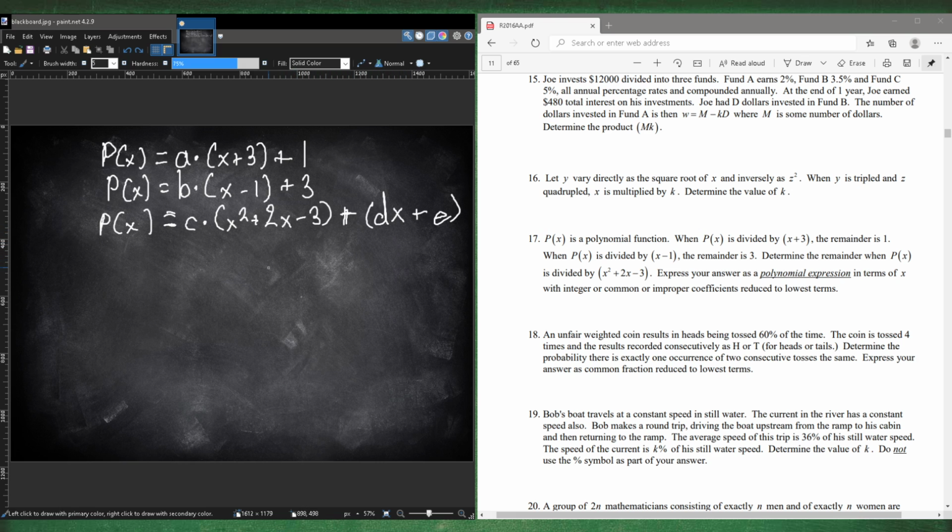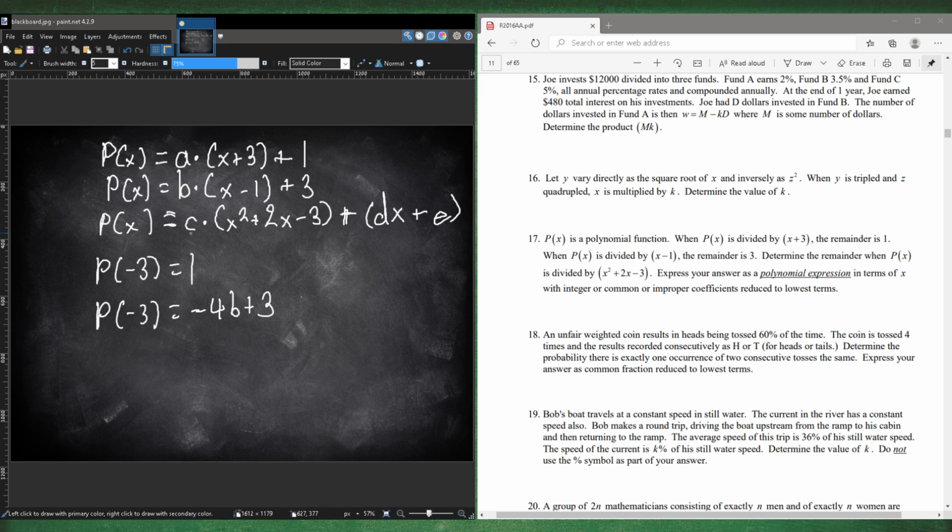Okay, so how do we find dx plus e? Well, if you think about it, we could just plug in some values for our x, because this is all p. So if we plug in x equal to -3, for this equation we get -3 plus 3 is 0, so we know that p of -3 is equal to just 1. And then we plug in here, we have p of -3, so that's -4b plus 3.